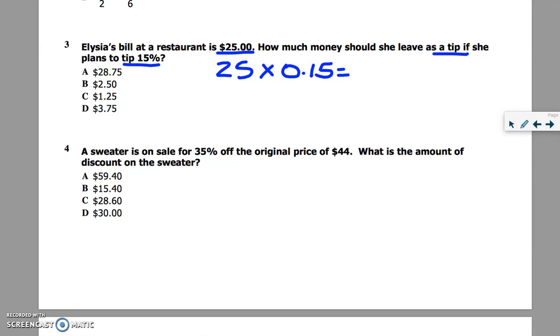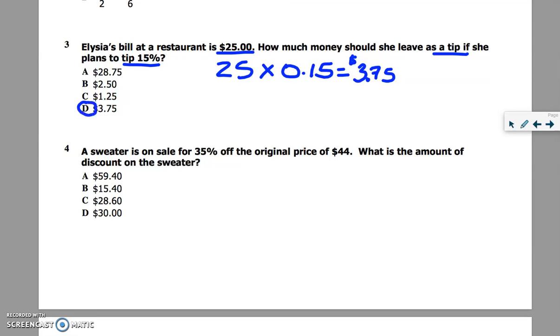25 times 0.15, or 15 hundredths, that would give me an amount of $3.75. Make sure I can see that decimal there. So the correct answer, if I just want to know how much she should leave as a tip, is $3.75.